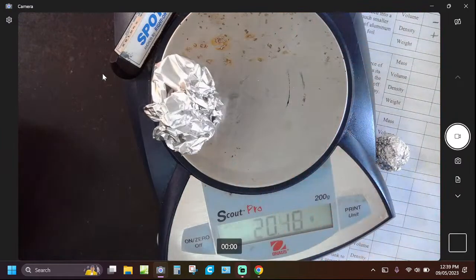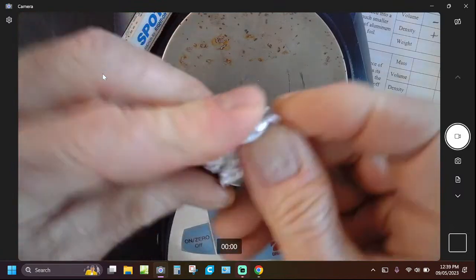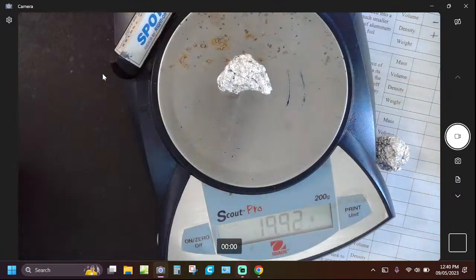To put this on, now it says 24.85, 86. It's varying a little bit. It's between 24.84 and 24.86. It actually does look like it got a little heavier according to this balance.